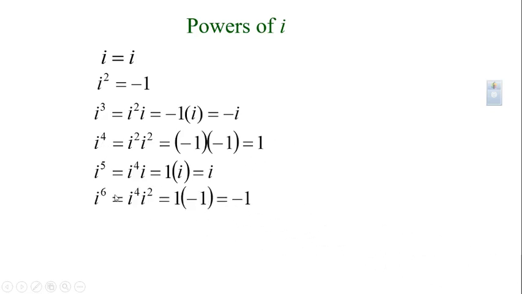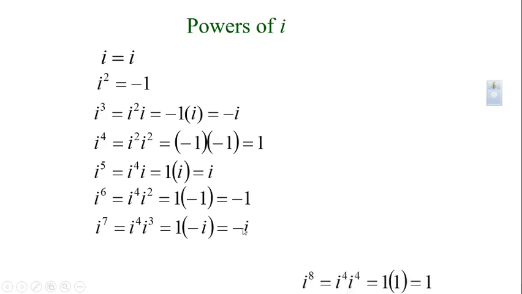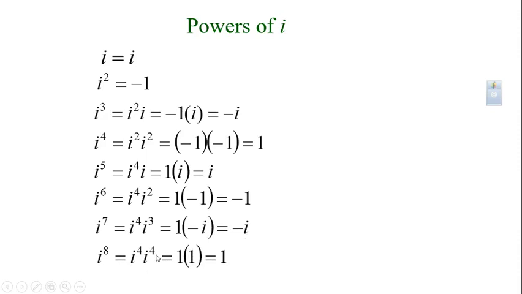So i to the 6 is i to the 4 times i squared, which is 1 times -1, which is -1. i to the 7 is i to the 4 times i to the 3, and i to the 3 we just saw is -i, so i to the 7 is 1 multiplied by -i, which is -i. And i to the 8 is i to the 4 times i to the 4, which is 1 times 1.